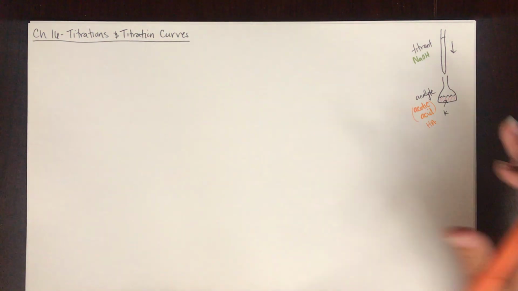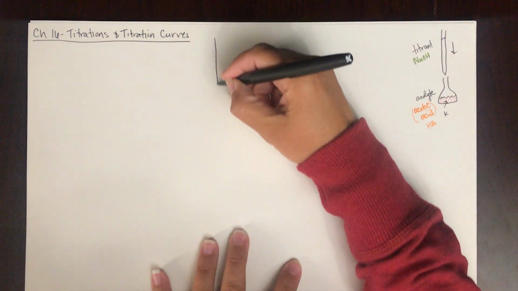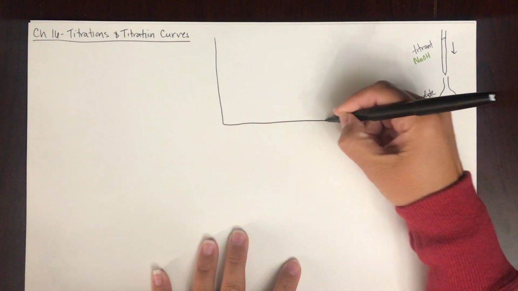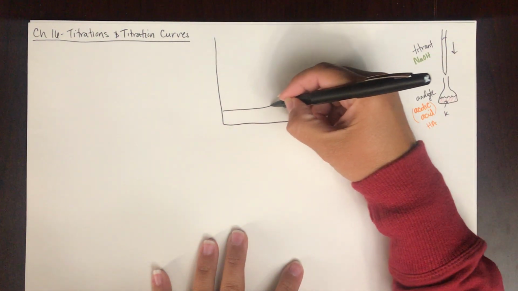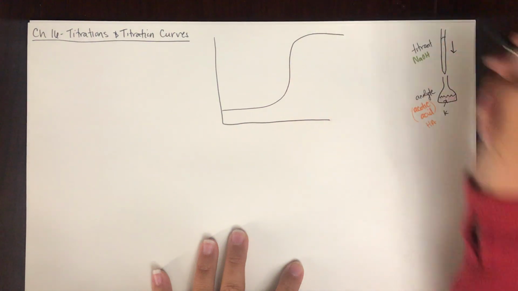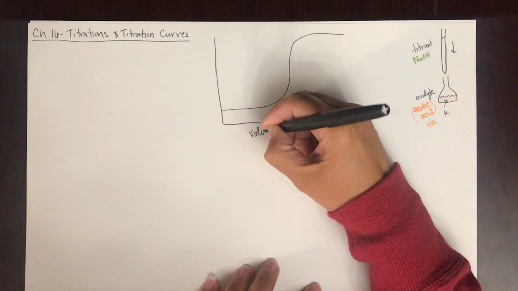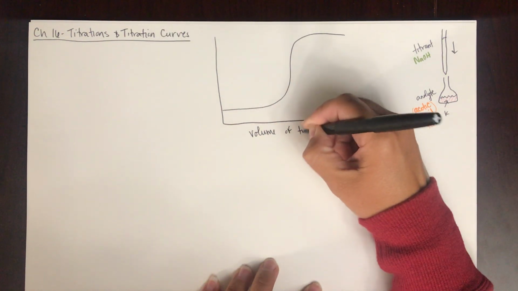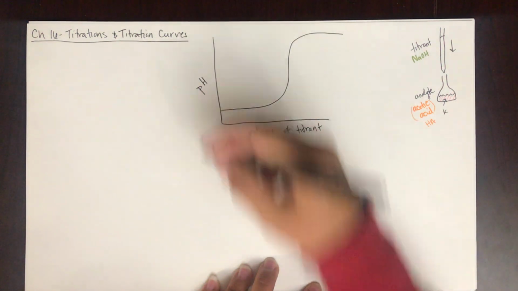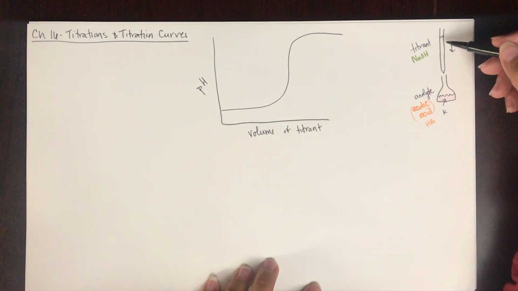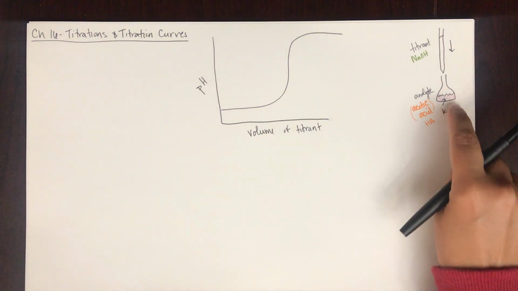So we are going to be collecting data on a graph as these reactions are happening, and it will look something like this. And as we continue to add volume of titrant, the pH will increase because the pH is going to increase as you add base to this analyte.